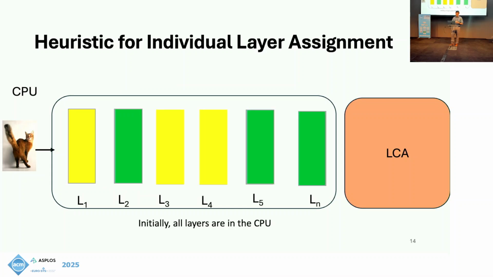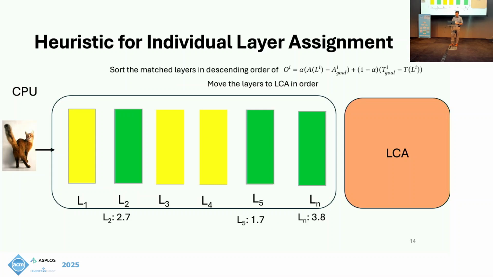Among the matched layers, Flex computes a ratio of time reduction to accuracy loss for each layer, which is the ratio shown at the bottom of the slide. It then prioritizes the matched layers with higher ratios to be moved to the LCA until the timeliness requirement is satisfied.